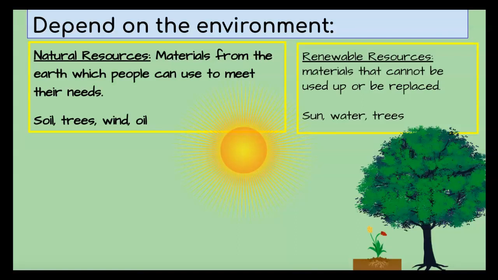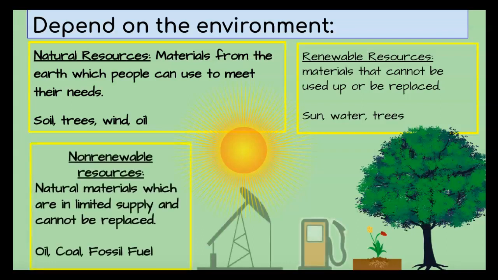I'm pretty sure you guys have heard of solar panels, which absorb the sun rays and convert into electricity or heat. Then you have non-renewable resources, which are natural materials which are in limited supplies and cannot be replaced, such as oil, coal, fossil fuel. Think of your electricity, think of gas.